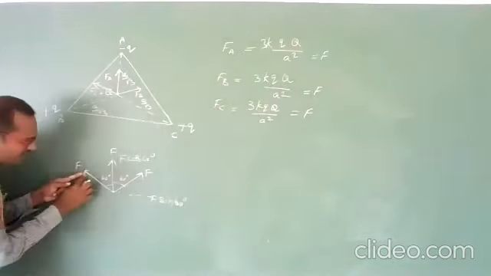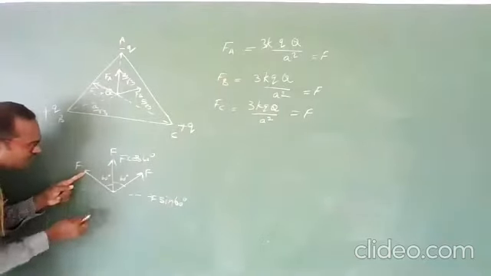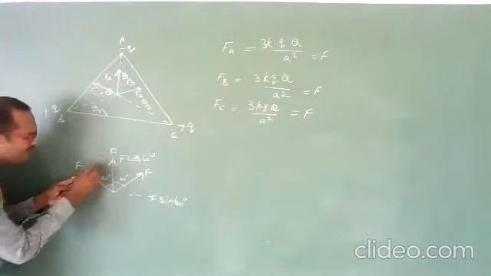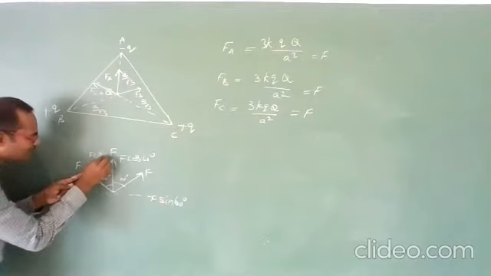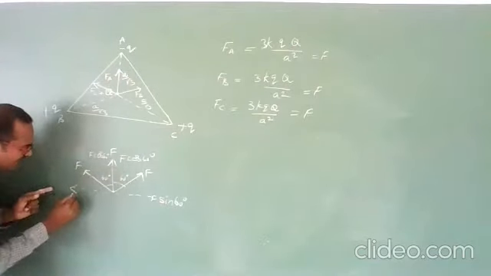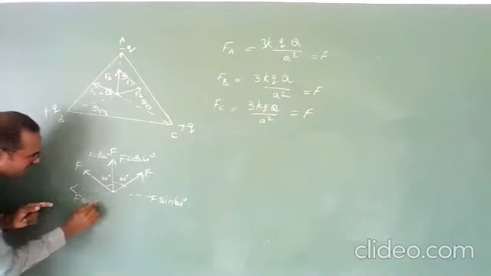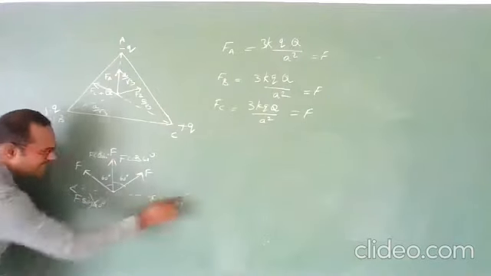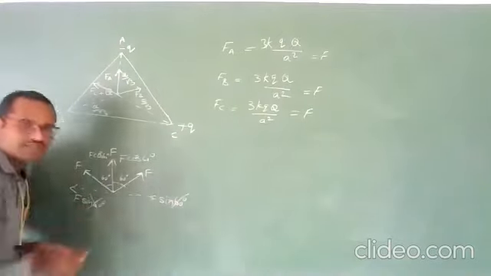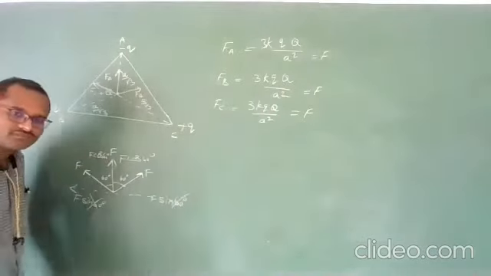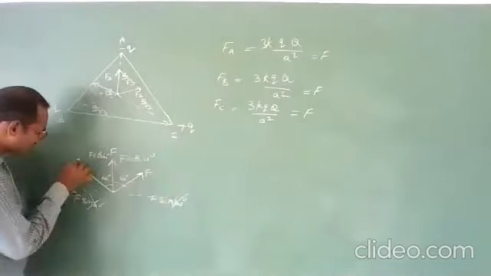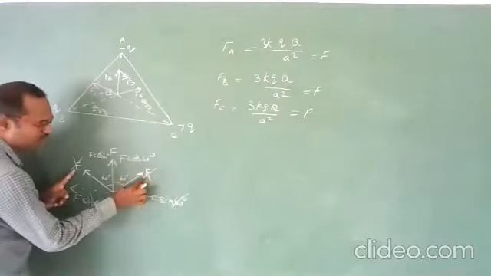Again, this force along the vertical line is F cos 60, and along the horizontal line it will be F sin 60. These two will cancel again because the values are equal and they are in opposite directions. Clear? Now this is also not there, because this force only I am showing here.